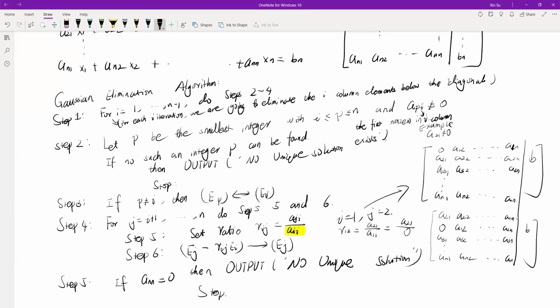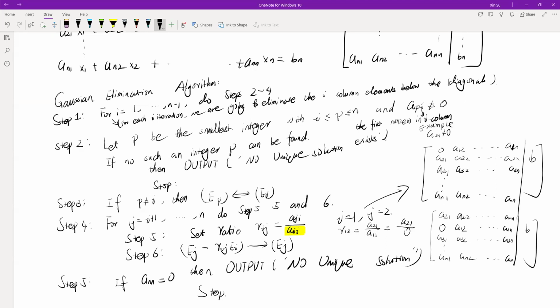Does that make sense? The idea is that if you have a 0 on the diagonal, you do a row exchange: find the first non-zero element in the same column, and exchange these two rows. This is the idea for step 2 and step 3.